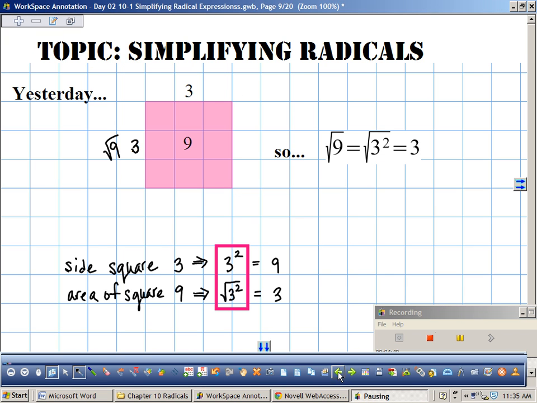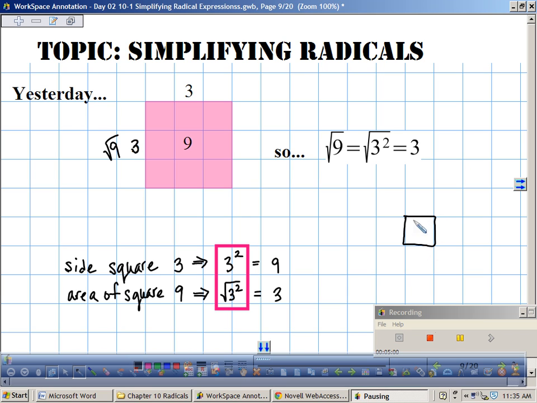So does it make sense where they came up with that word square root? Well, if we have a square and I tell you that the area of that square is 25, then what's the root of that square? How did you come up with the side?